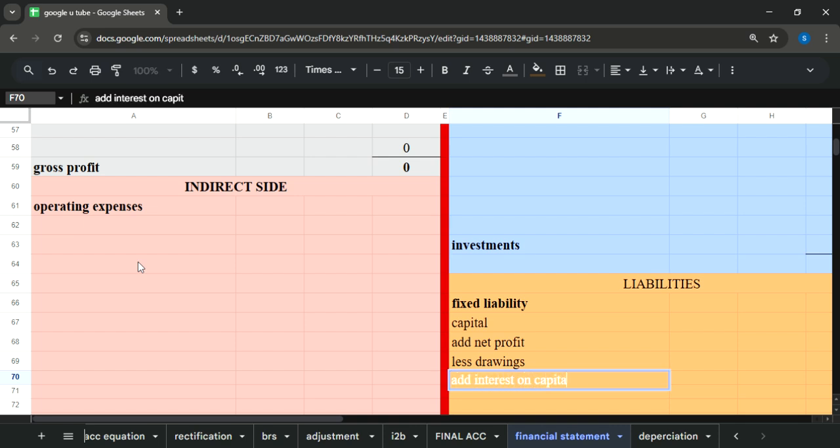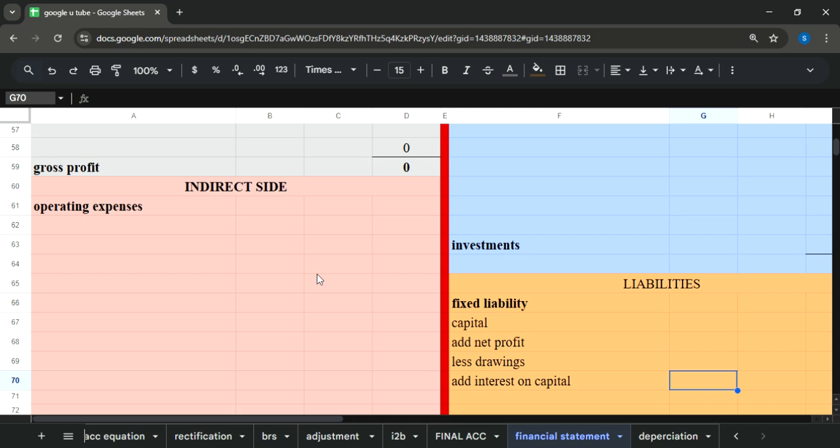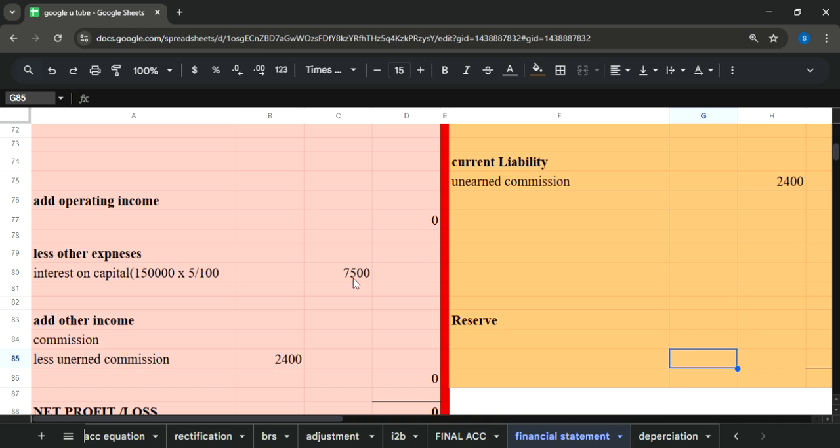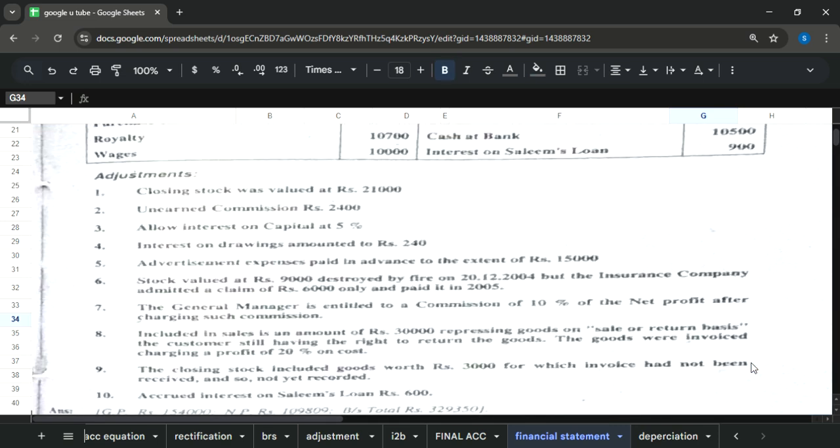Interest on capital, the amount of which we have just calculated, is 7,500. So put the amount in front of it. As usual, you have seen there were two effects, 7,500 here and 7,500 over here. In this way, three adjustments are completed with all of their double effects.